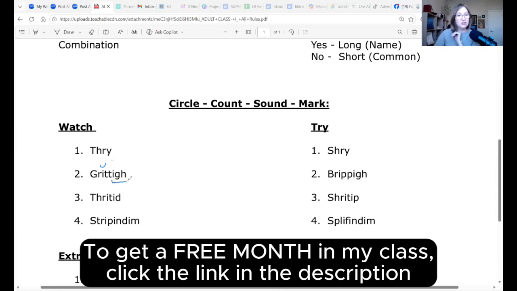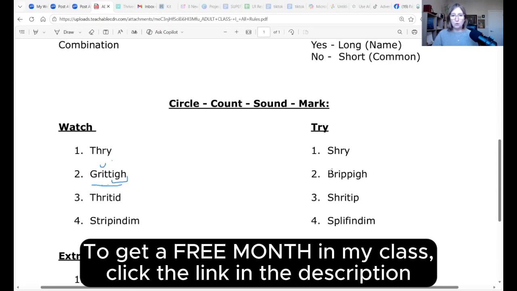That IGH says long I. Usually it's in the middle of short words that end with a T, but once in a while it'll be at the end of a word like sigh or thigh. So this IGH might have been tempting for us to think about that I as a short I sound because of the tap 2 rule, but if it's an IGH, it trumps the tap 2 rule and says long I. So our sounds are G, R, I, T, I, grit-I.